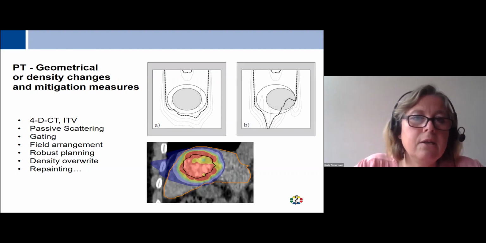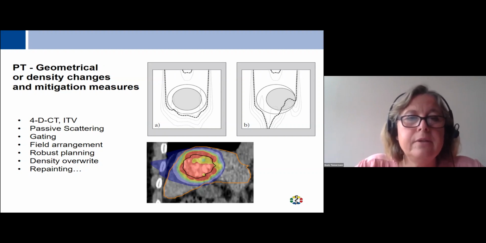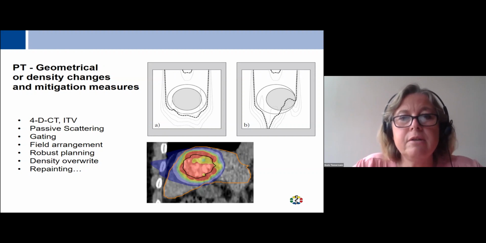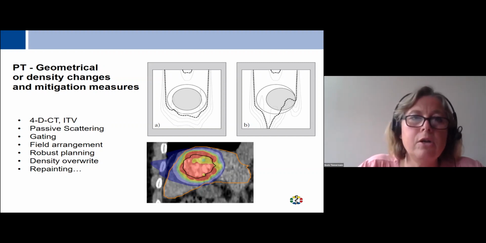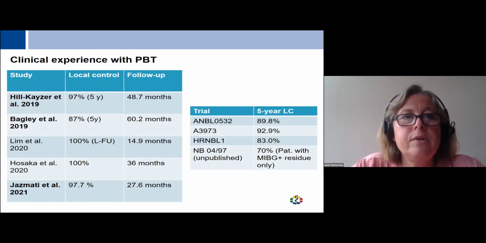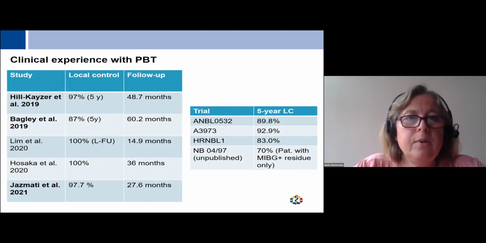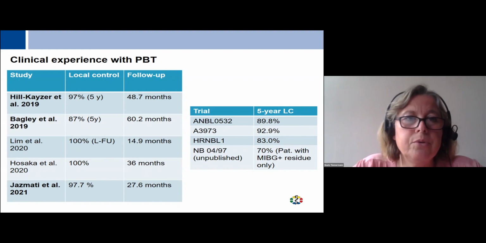They do density override to calculate plans both on air-filled bowels, but also on water-filled bowels. They do rescanning, like shown in that publication, in order to have robust plans also in the area of the upper abdomen.